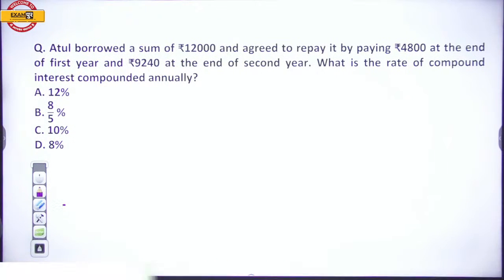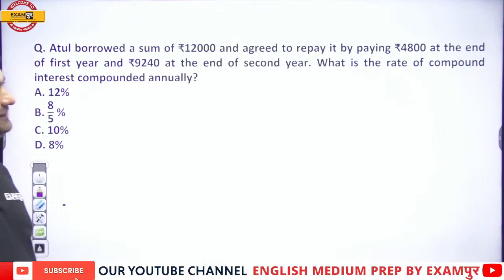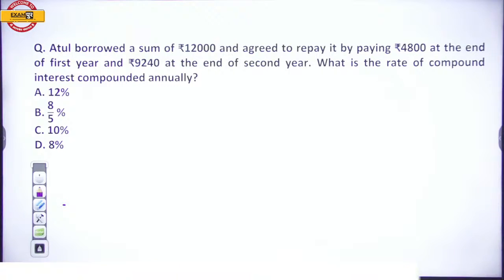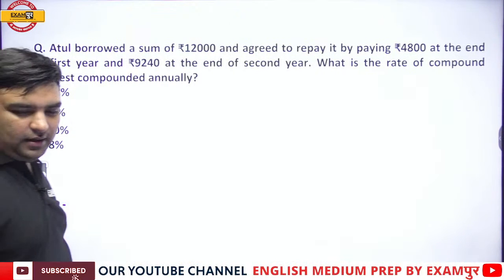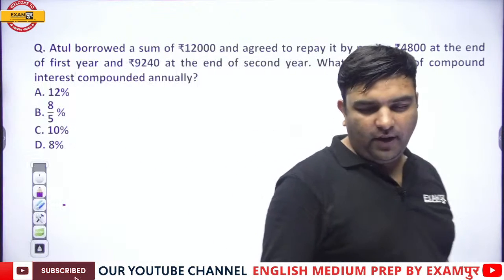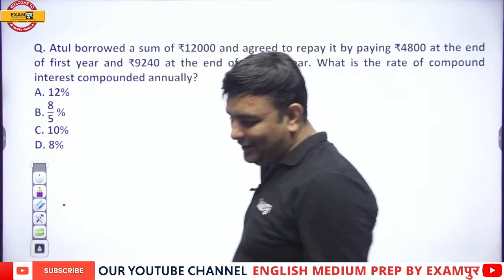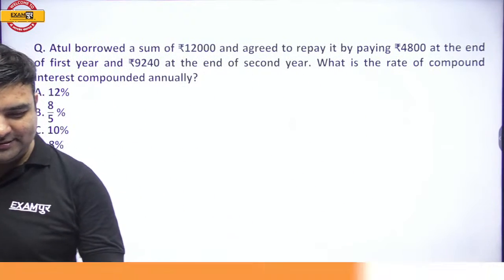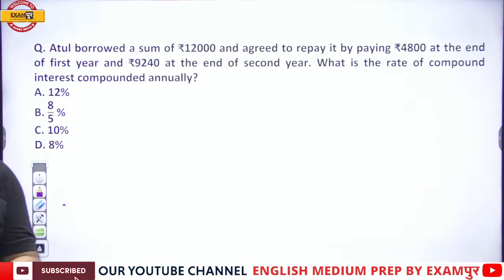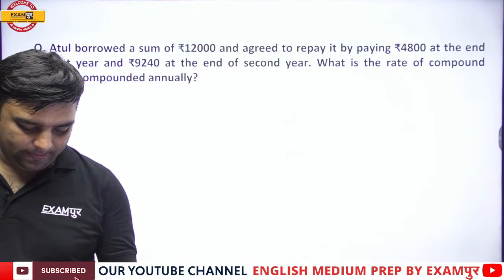What is the rate of compound interest? Okay, so the options are far away. Others, guys, I'm interested in the others as well. What are you getting? Come on, do tell me.